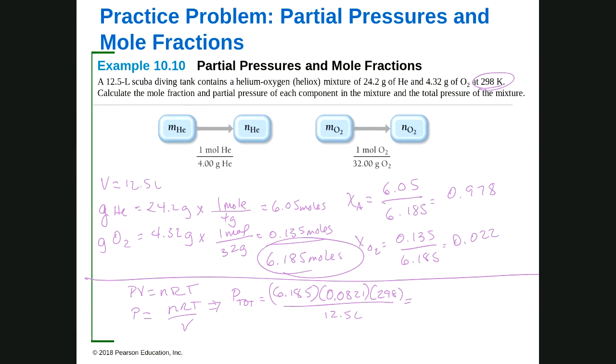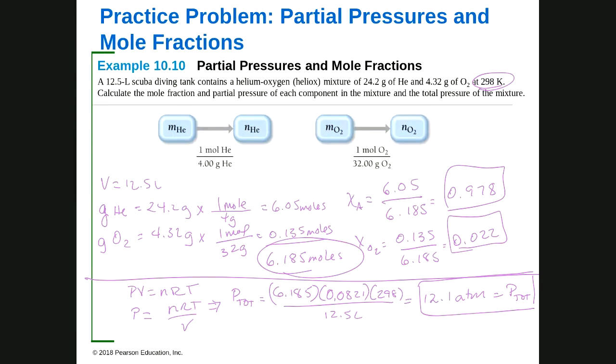And that's going to give us 12.1 atmospheres. And that's P total. And that's one of the things it wanted, right? So I've done the mole fractions, so there those are. This is the total pressure.